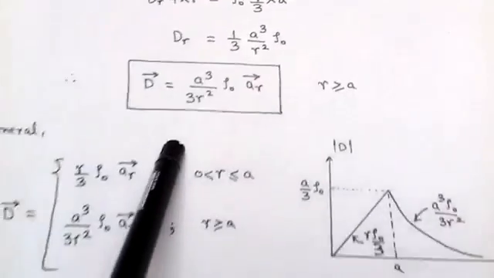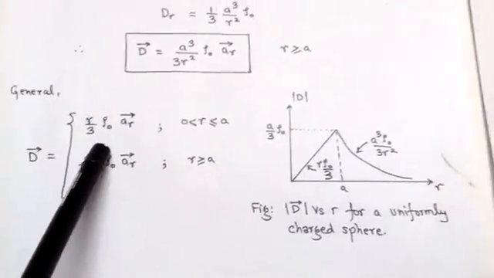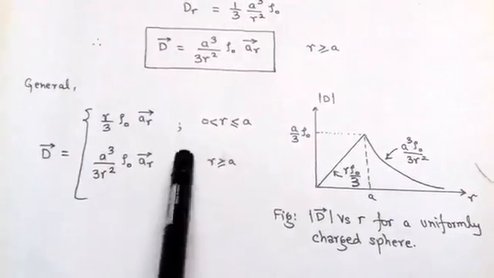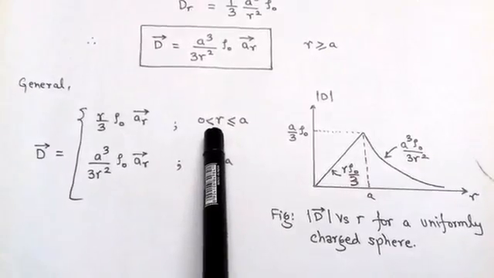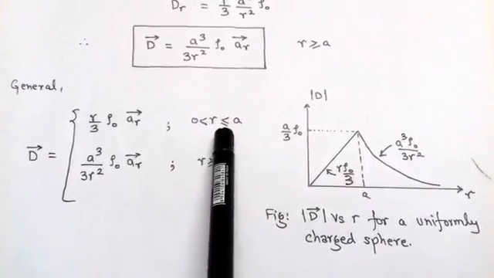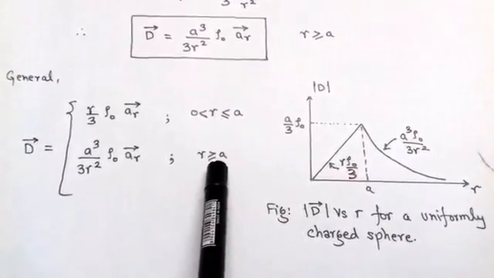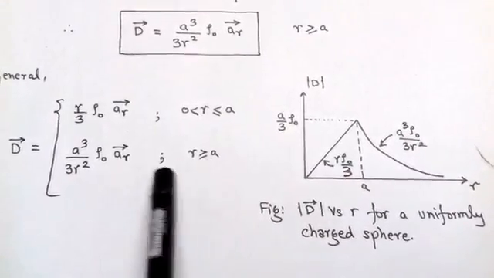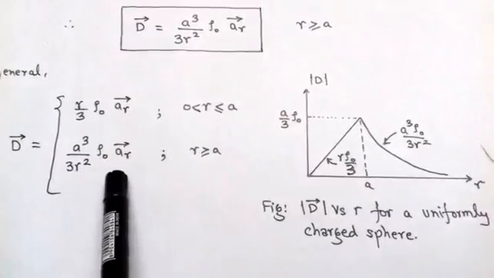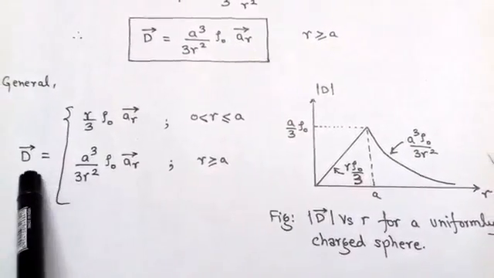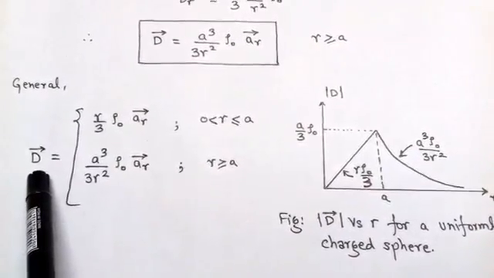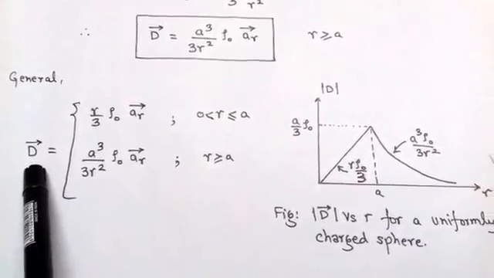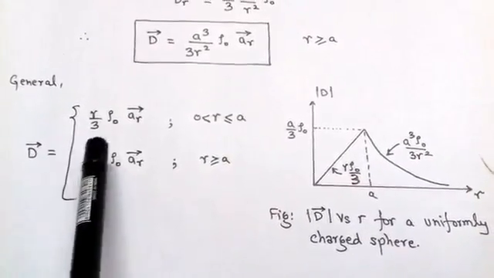First, for r from 0 to a, and in the second case r greater than or equal to a. So this is the general electric flux density in the case of a uniform charge sphere. We can also represent graphically the relationship between the magnitude of vector D versus distance r.